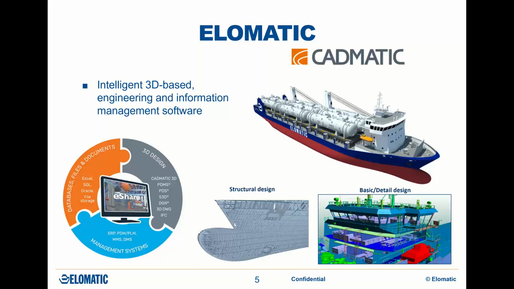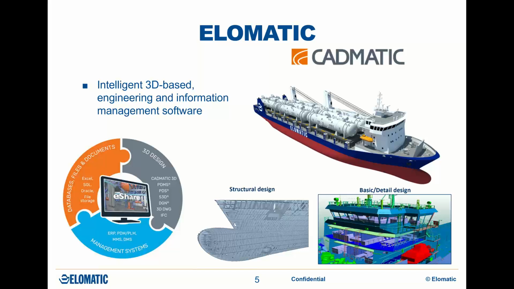You can see the example in this slide here. For now, CADMATIC has been mainly known as a basic and detailed design tool, but in this European Union's HOLISIP project, we extended CADMATIC's capabilities towards the concept design phase as well.